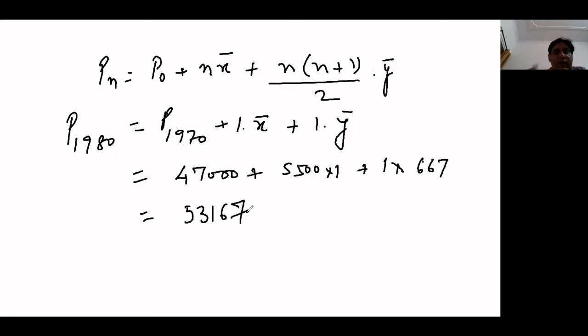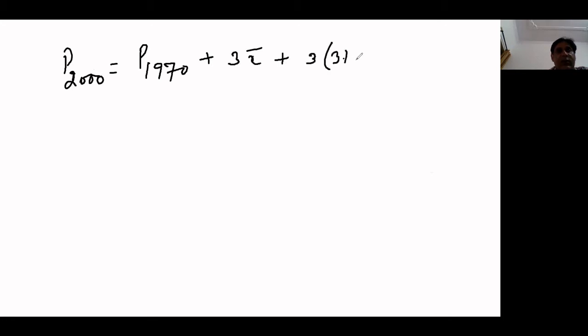right? Now, again, if you're required to calculate the population of, say, year 2000, it would be the population of 1970 plus 3 x bar plus 3 into 3 plus 1 by 2 into y bar.